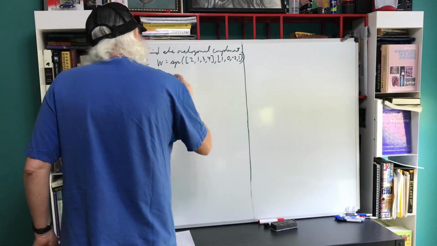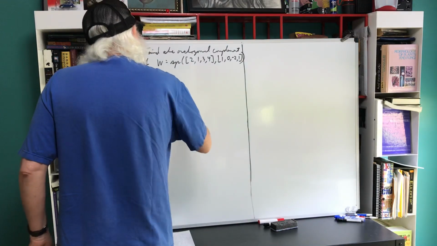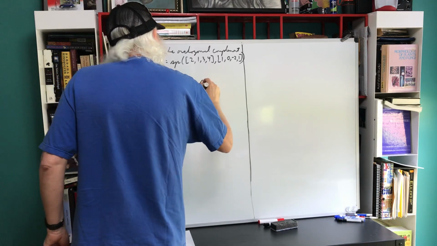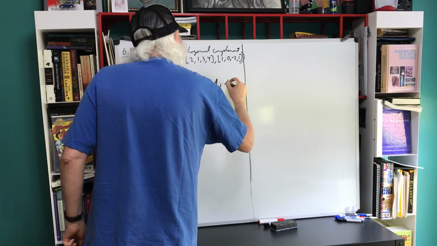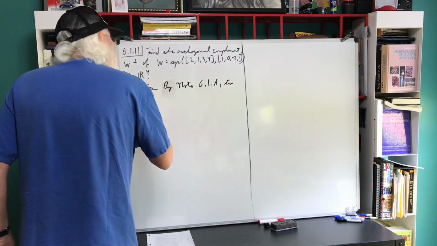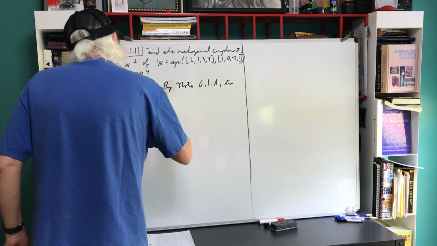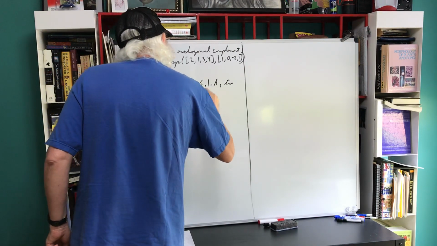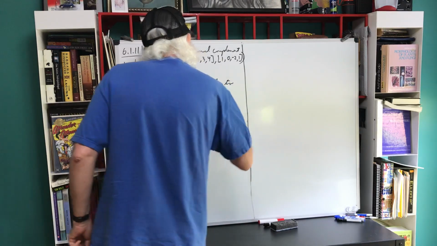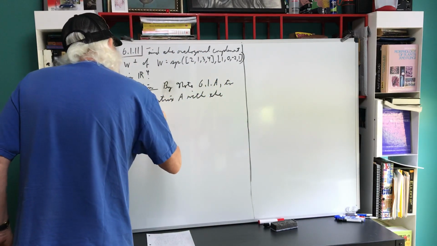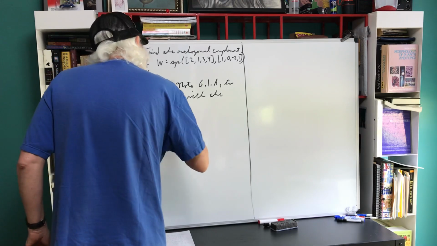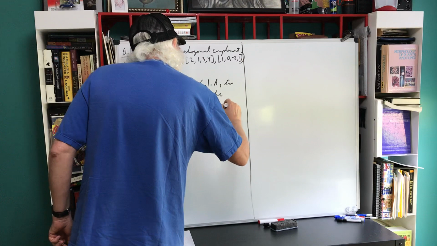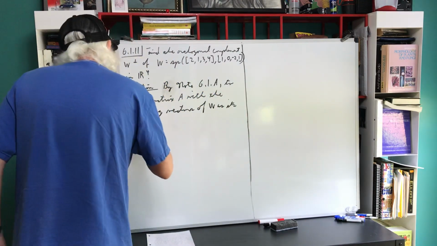So let's document it. We're told by note 6.1.a to create matrix A with the spanning vectors, the generating set, as it's also called, of W as its rows.